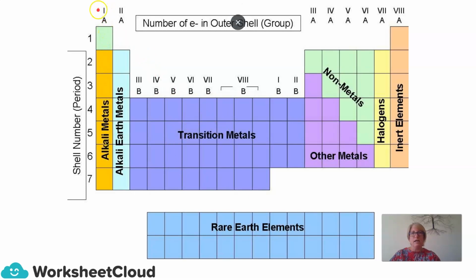Now you will notice up at the top, that's known as group 1, and that there has got a Roman numeral number 1, and then here we have a Roman numeral number 2, and then a Roman numeral number 3. So like I said, for grade 9, we cannot focus too much on the atomic structure of transition metals, so what this Roman numeral number means, that is the number of electrons in the outer shell.